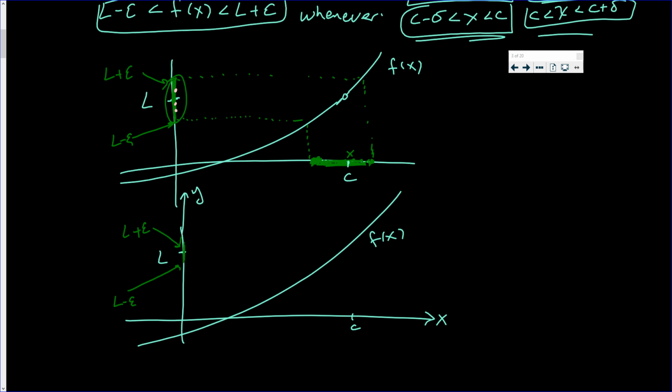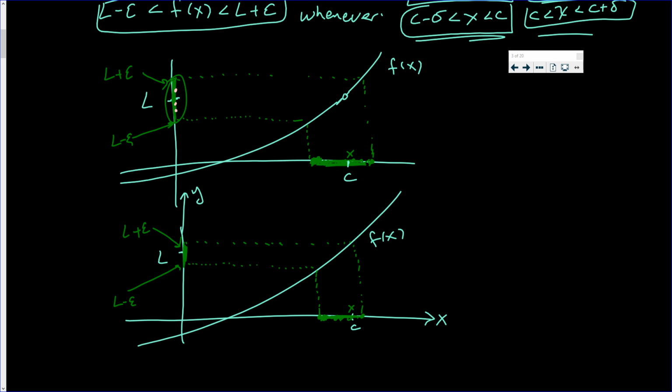Now, I guarantee you that if x is in this range, f of any one of these x values from here to here, except c, will land in here.